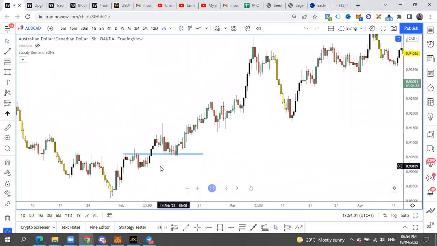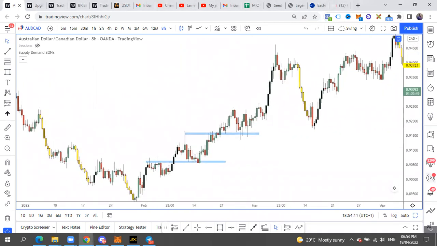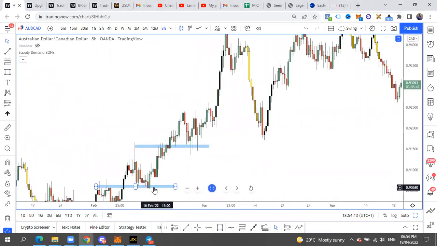Okay, it has created another higher low, higher high, higher low. Then this becomes a flip zone. Okay, good. We have another higher high, higher low, higher low, higher high.